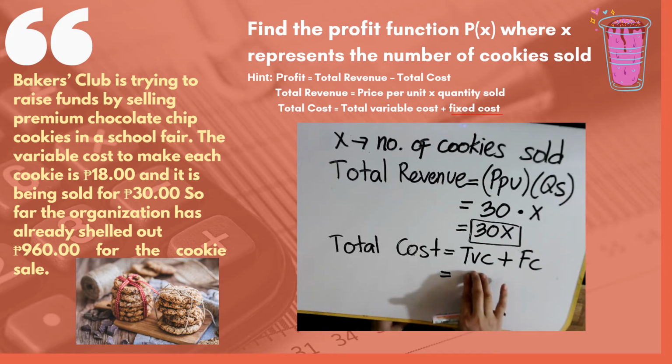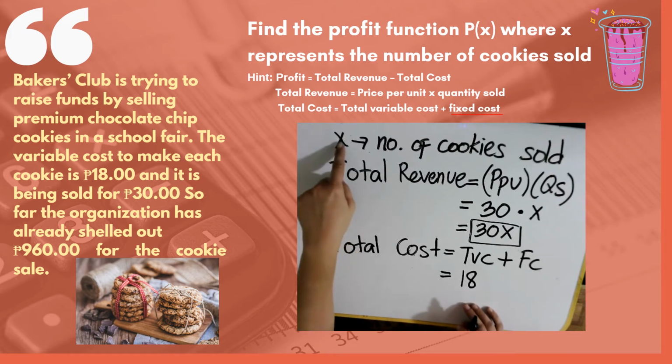So, meron tayong total variable cost na 18 pesos kada cookies. So, 18 isang variable cost ng isang cookie. Pero, dahil para sa isa lang yan, para makuha yung total ng variable cost, ita-times natin yan sa kung ilan man ang lahat na cookies na ibenta.